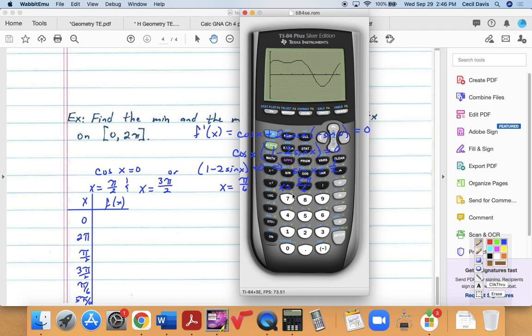Okay, so if we trace this to 0, we get 1. If we trace this to 2 pi, oh, it doesn't like that. Did I not make my window big enough?